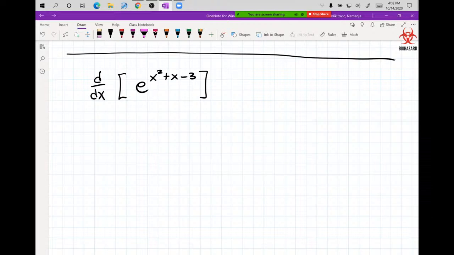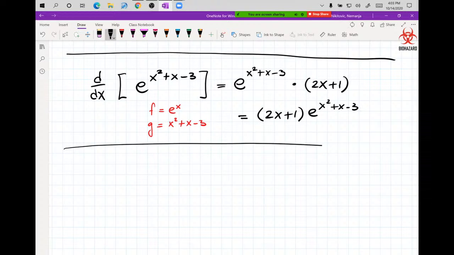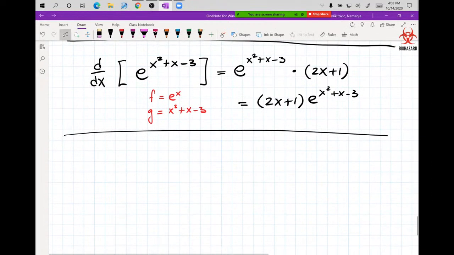So let's use the red like last time. f would be e to the x, and then g, which is the function plugged into this one, is x squared plus x minus 3. Now the derivative of e to the x is itself, we keep g plugged in, times the derivative of g, which is 2x plus 1. And then we simplify it as 2x plus 1 times e to the x squared plus x minus 3. So that was what we did last time.